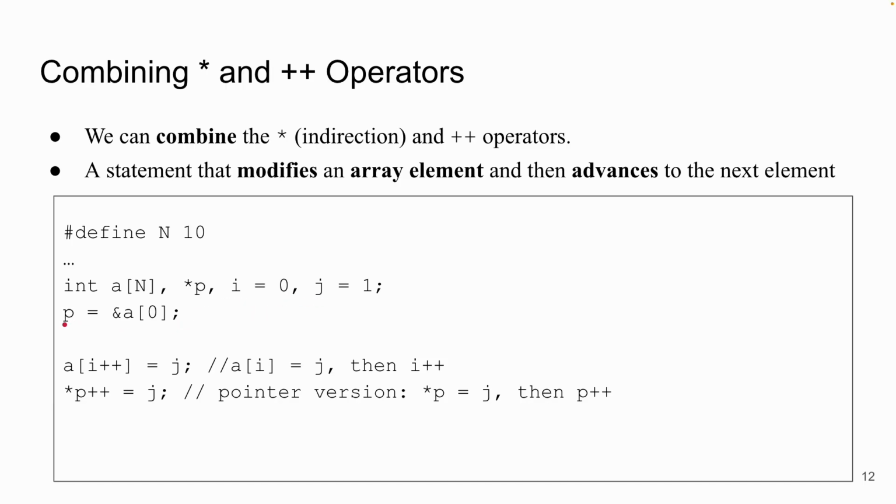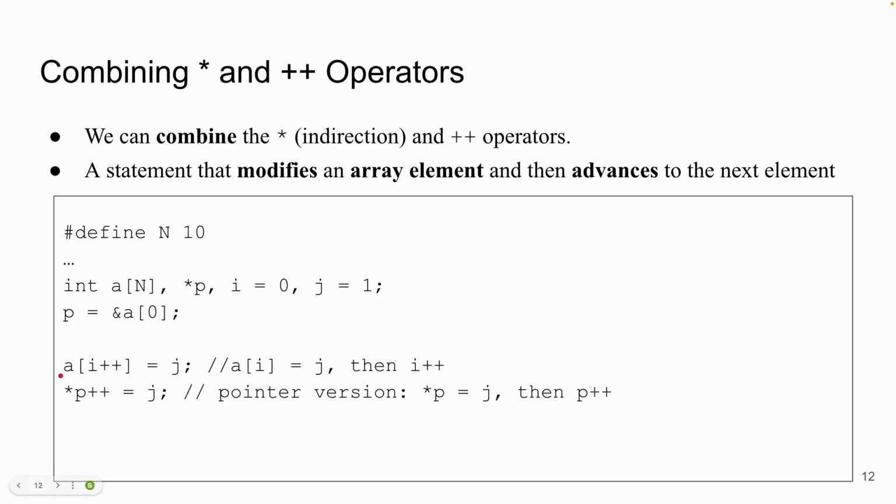Again, we make P point to A[0]. And we can write down these two statements here. The first statement is that we use I as the index of A, and we write I plus plus, the postfix increment. If you still remember, for the postfix increment, the increment will happen after we finish the current statement.